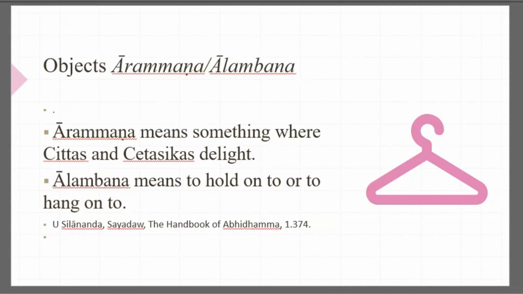Therefore, this interpretation is more applicable and more suitable for all the Cittas. However, we will use these two interpretations, Ārammaṇa and Ālambana, but usually we use Ārammaṇa. These are the interpretations given in the commentaries according to the Pali grammar.